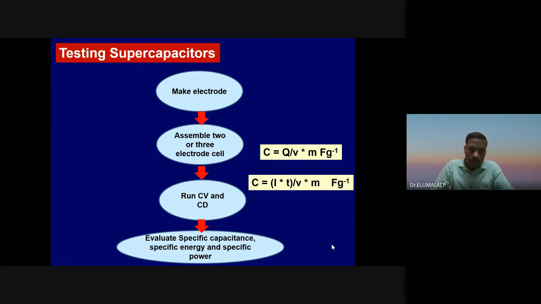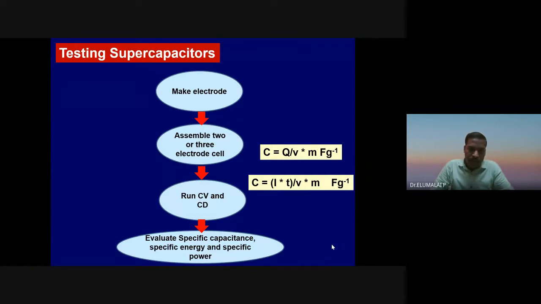petroleum coke, or the other forms of carbon. So you have to take it in some proportion. For example, 75% of active material, that is your oxide or your electrode material, maybe carbon also.